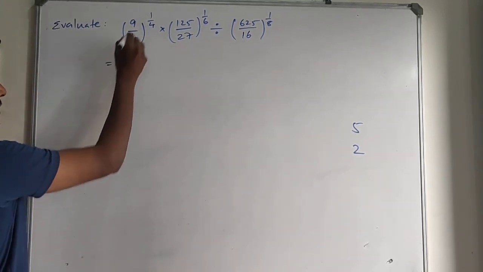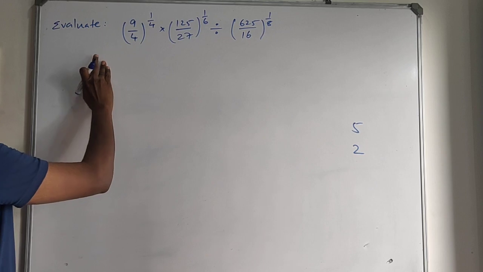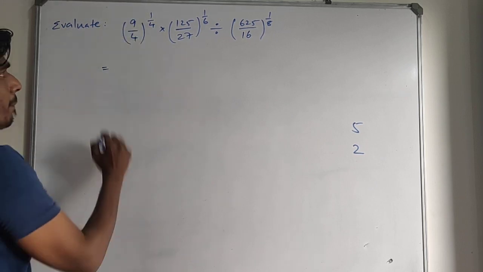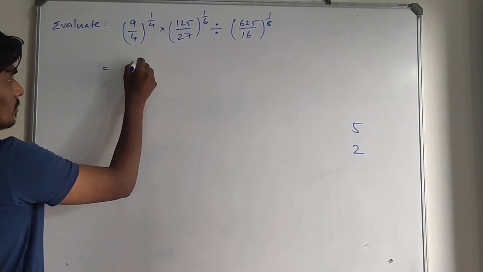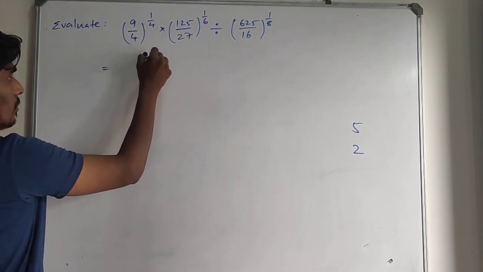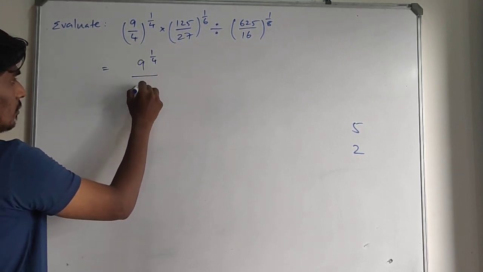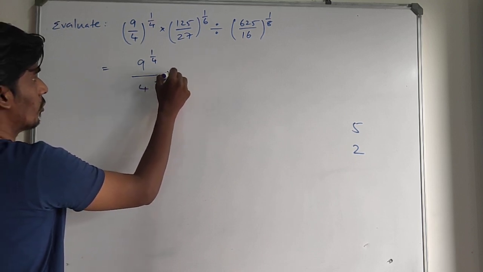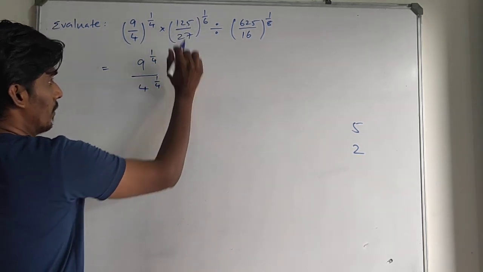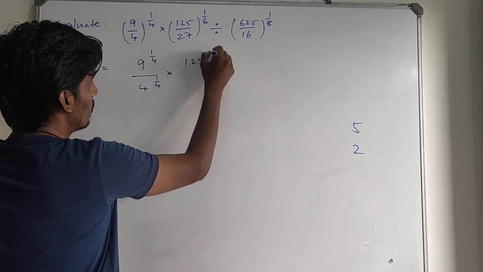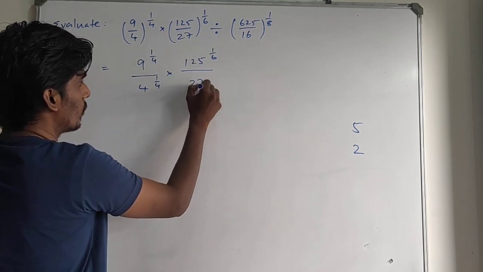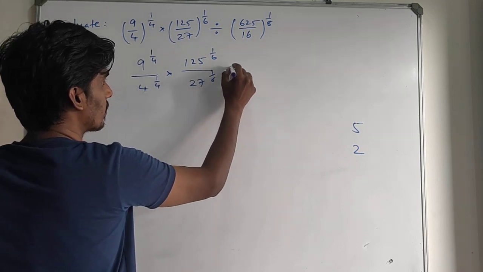So here, first step, apply this power on all the numbers. So 9 raised to 1 by 4, 4 raised to 1 by 4. This is what? 125 raised to 1 by 6, 27 raised to 1 by 6.